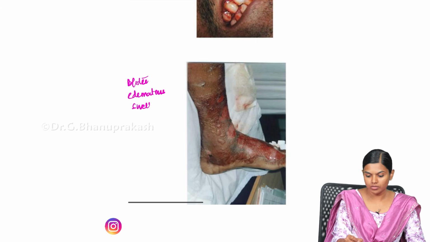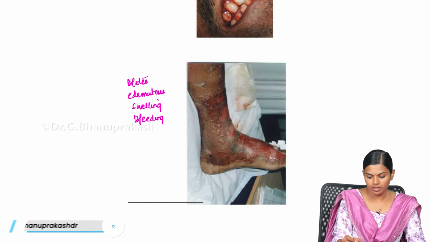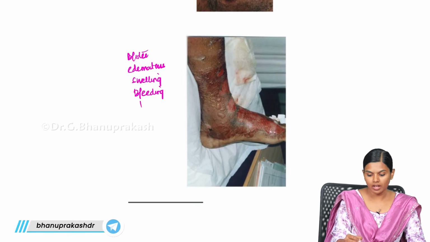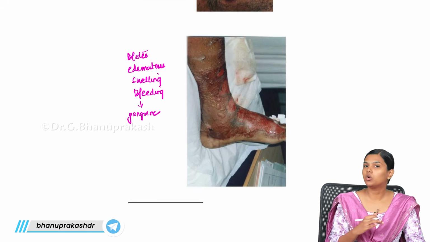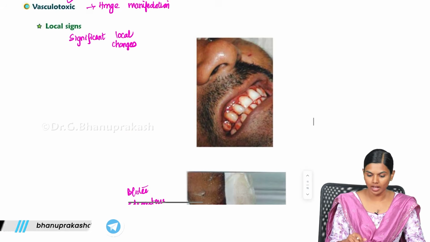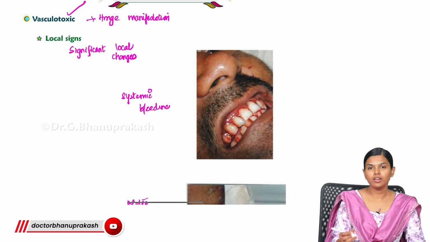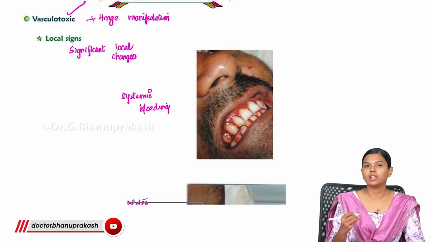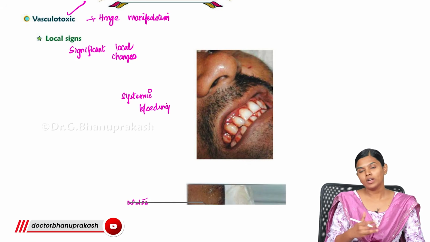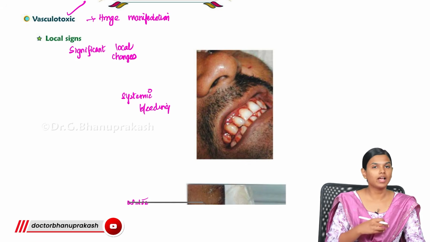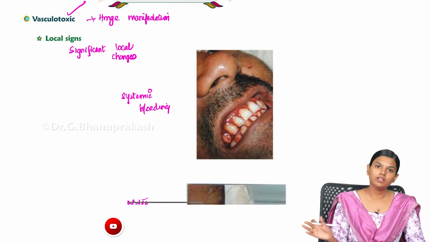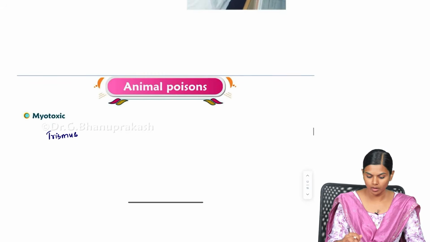Then there will be a lot of swelling and consistent bleeding from the site. So everything will happen, and it may even go to gangrene. So local changes will be very, very prominent, and there will be systemic bleeding. You will be seeing bleeding everywhere, like intracranial, everywhere there will be bleeding, because there will be over activation of the fibrin system, and there will be DIC, and all the hemorrhages will be happening all over the body.